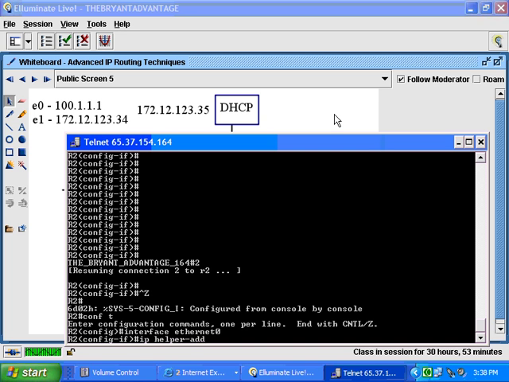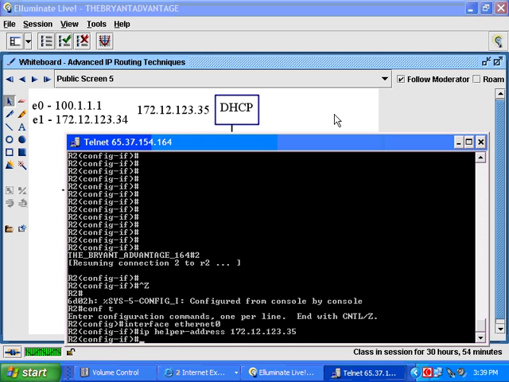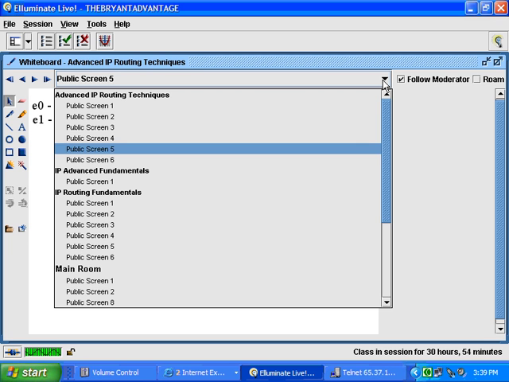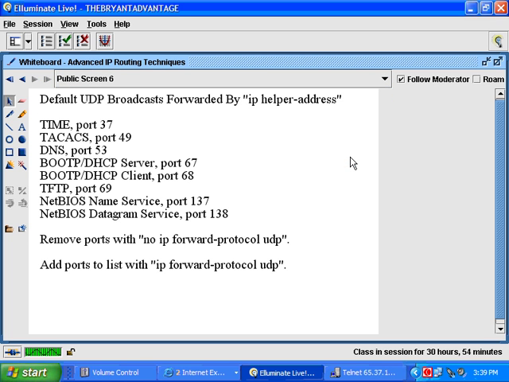And it's simply ip helper-address followed by the address itself. Now maybe we look at this list and think, well, maybe we don't want all 8 of these broadcasts to be forwarded to that DHCP server.